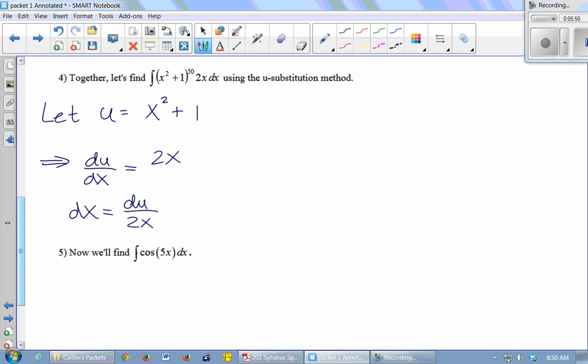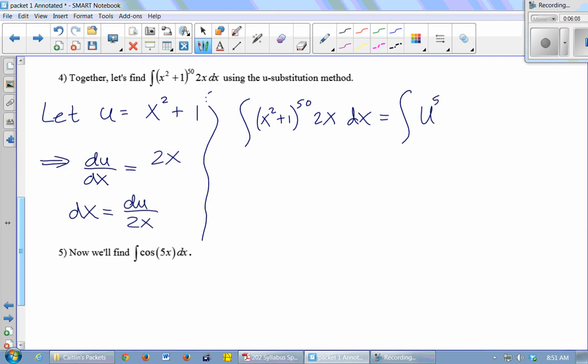Now I'm going to take my integral and rewrite it using u's instead of x's. Instead of (x squared plus 1) to the 50th times 2x dx, this is going to become the integral of u to the 50th, times 2x. I can't really do anything with that yet.